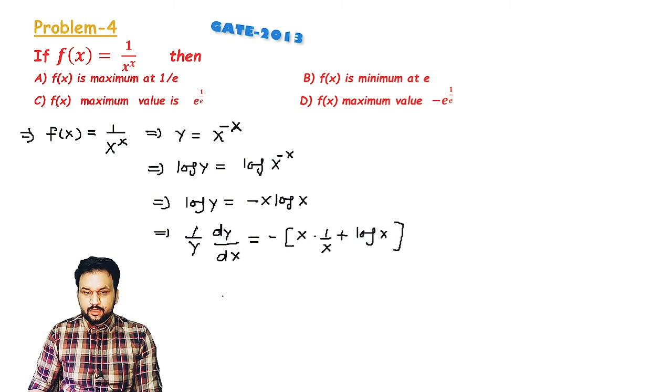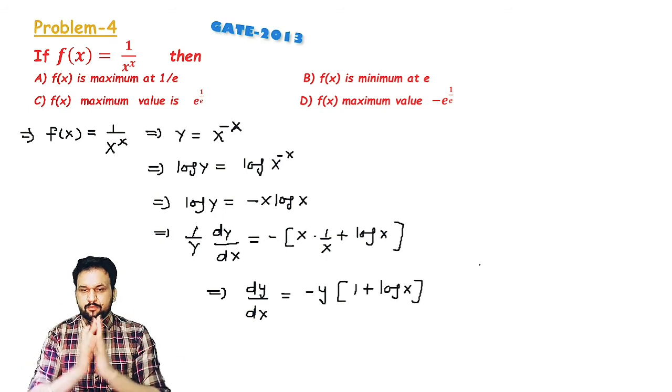Clear? And by this result, you can see dy by dx will be equal to minus y. I'm just taking cross multiply, minus y, and x having x will cancel, 1 plus log of x. Clear? Till now. Now listen.